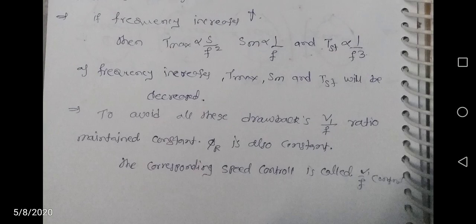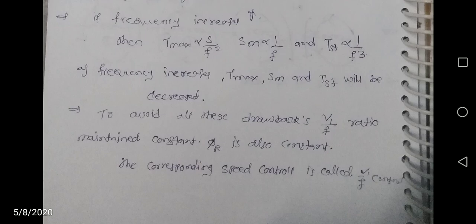Very important here: frequency is decreasing, torque is increasing, and when frequency increases, torque decreases. It is an inverse relation. So this method is also called the variable voltage, variable frequency control method.